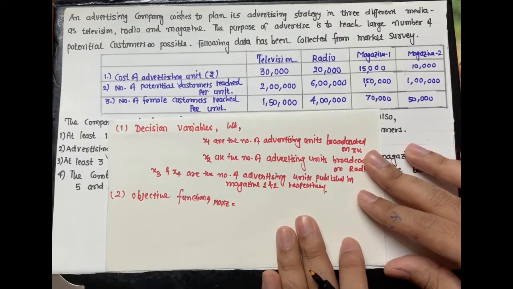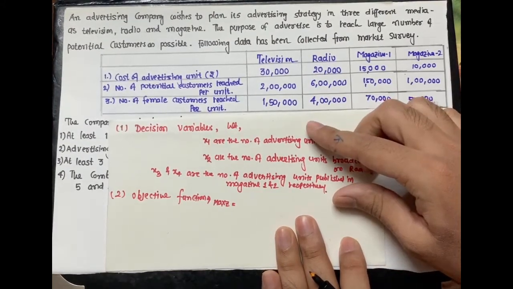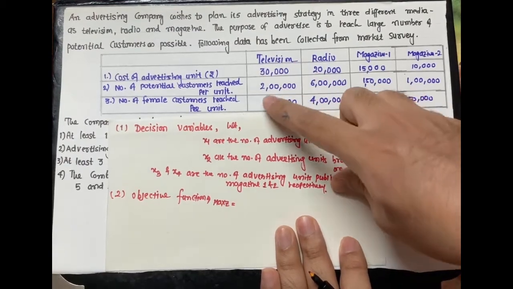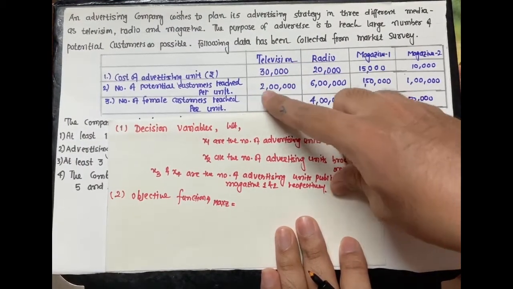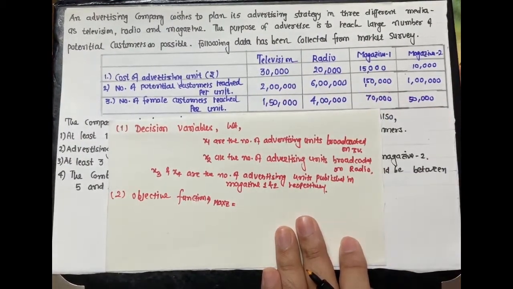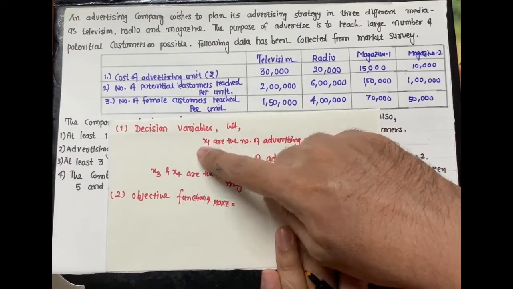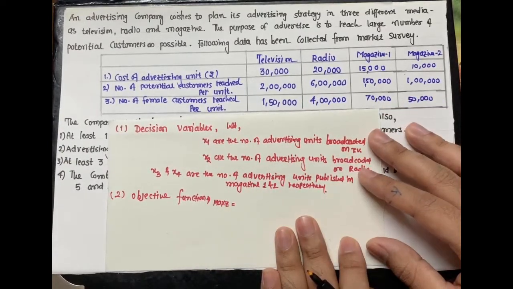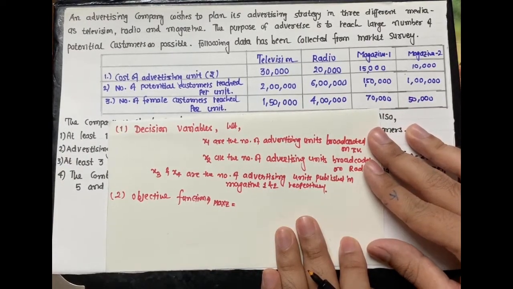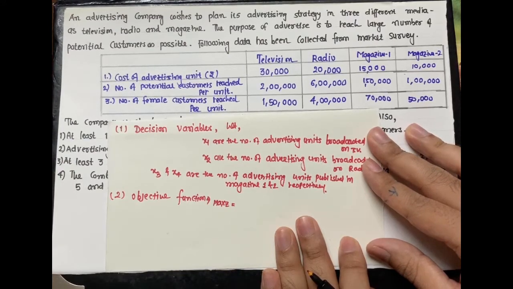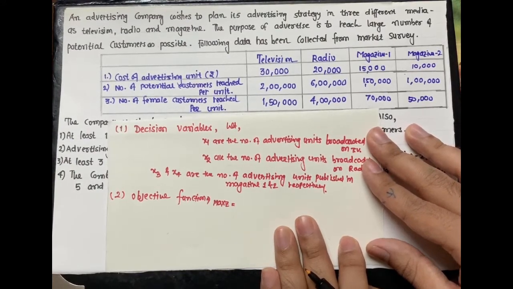If I broadcast one advertisement on the television, it may reach up to 2 lakh people. But actually I am broadcasting x1 number of advertisements on television, so the reach will be 2 lakh into x1.